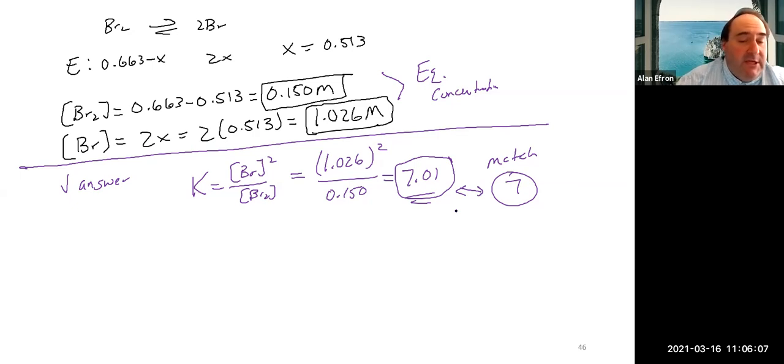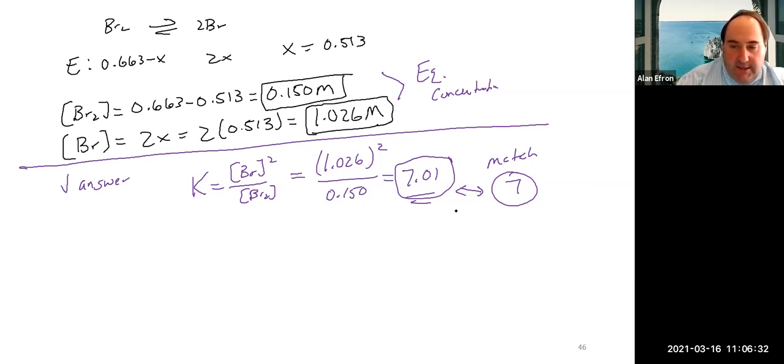It's a good way to check yourself: you should end up with the same equilibrium constant value as you started with in the problem, by putting those numbers back into the expression.